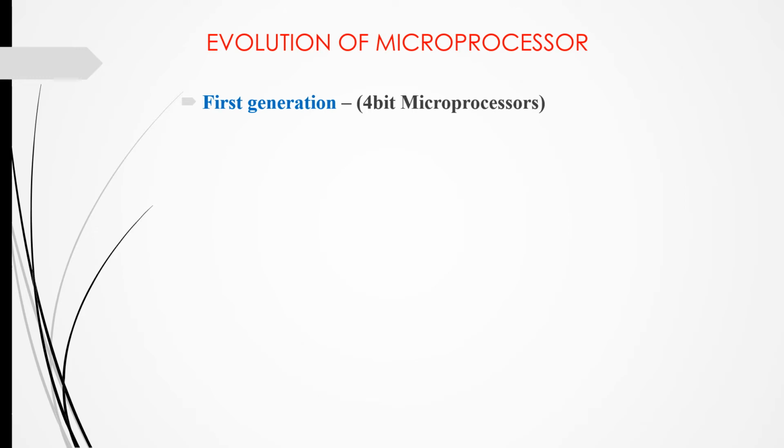This microprocessor was designed to be used in calculators. It was not powerful and was inadequate for general purpose computing. In 1972, Intel introduced 8008, the first general purpose 8-bit microprocessor with the development of LSI technology with 45 instructions. Intel introduced 8080 microprocessor and Motorola introduced 6800 microprocessor.